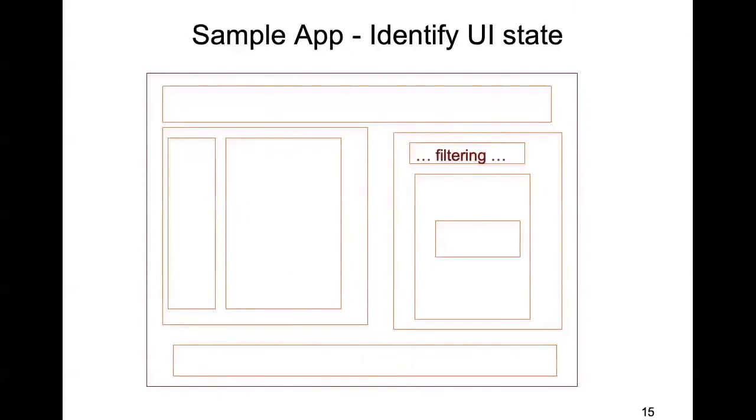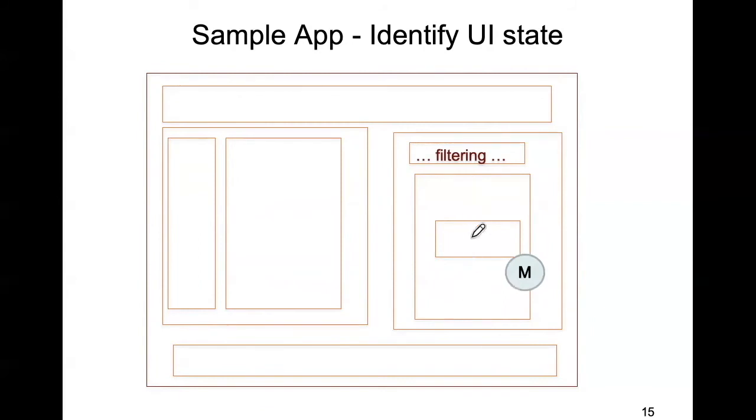Now, maybe this is the best example of trying to explain this notion of identifying state within your UI. And so this is harping back now to this little sample app that we discussed earlier on. So in terms of data, well, the list of movies being displayed, that's data.